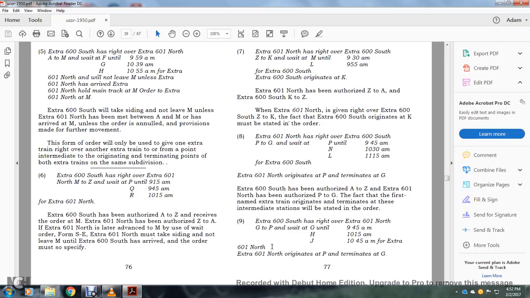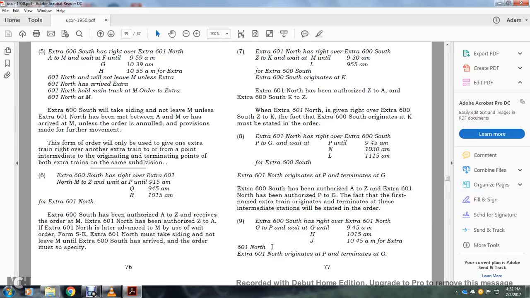Extra 601 North holds main track at M ordered for the extra 601 at M. Extra 600 South will take the siding, not leaving M unless extra 601 North has been between A and M and has arrived at M, unless the order is annulled and provisions made for further movement.